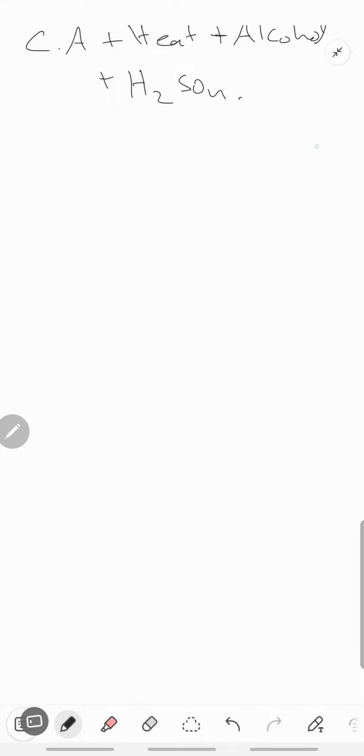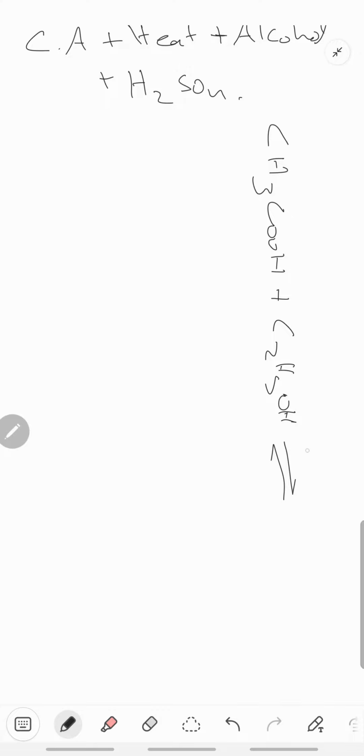Let's have our carboxylic acid, and we know the formula, and I need alcohol, C2H5OH, and then I need H2SO4, that is acidic, and then it will give us CH3C(=O)OC2H5 plus H2O.